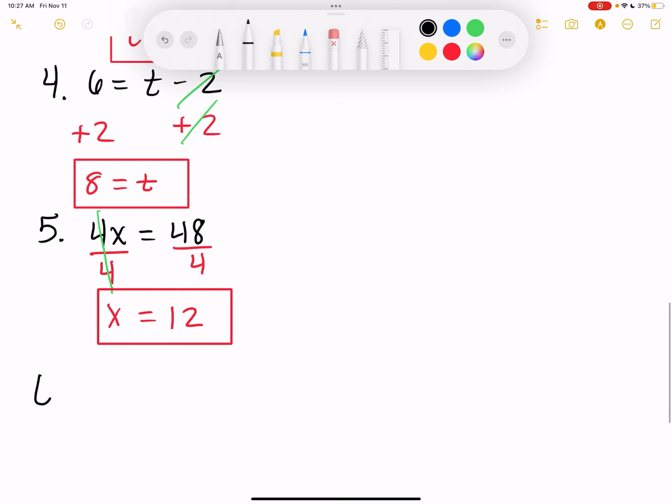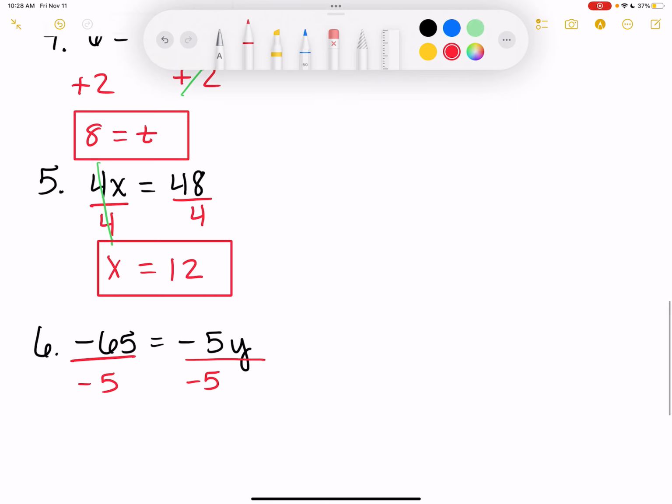Let's see, number 6. -65 equals -5y. So what do I need to do with this one? Divide the 5 into 65. Yep, and make sure you do the negative with it. So divided by -5.